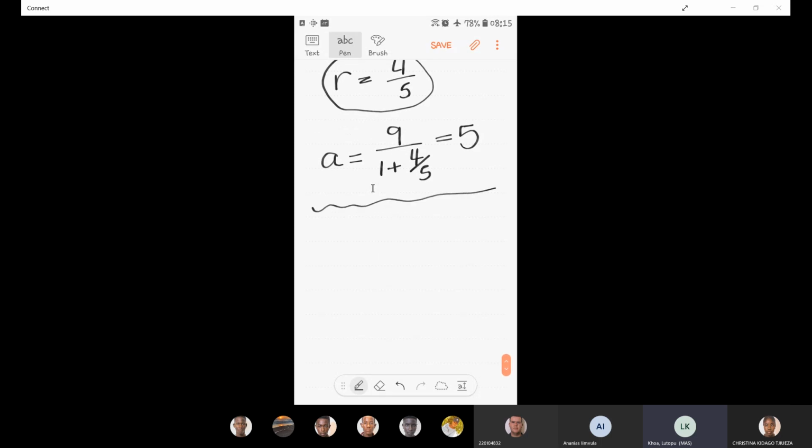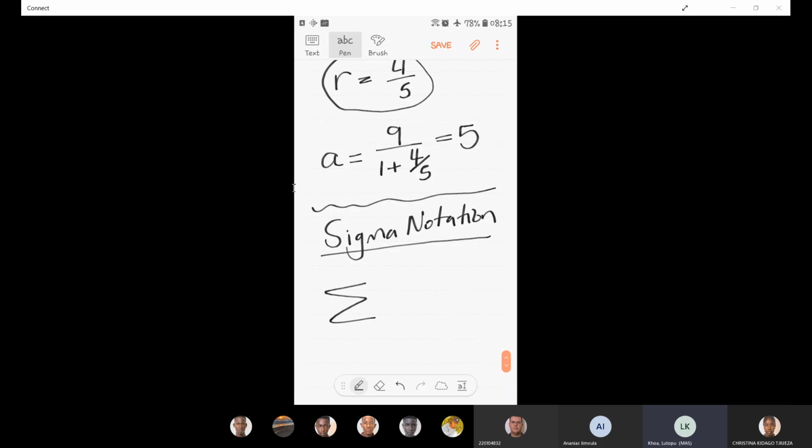Okay, and then the last thing in this chapter is on sigma notation. Now sigma, first of all, is written like that.